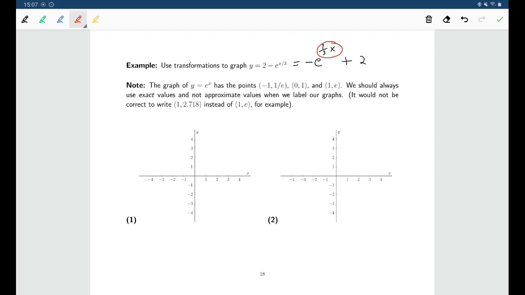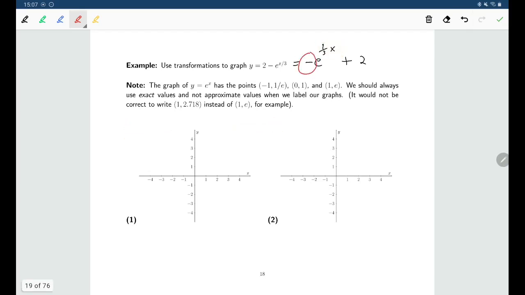So this is a horizontal stretch by a factor of 3. We're going to take every x coordinate and divide them by 1/3, which is the same thing as taking every x coordinate and multiplying it by 3. So our graph will be 3 times wider in that horizontal direction.